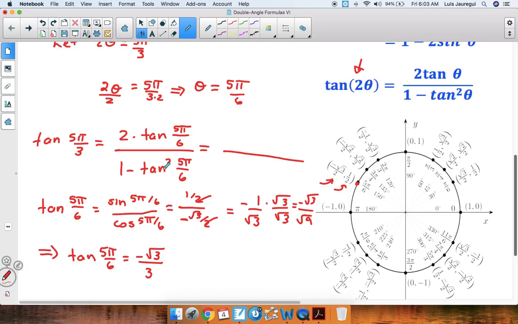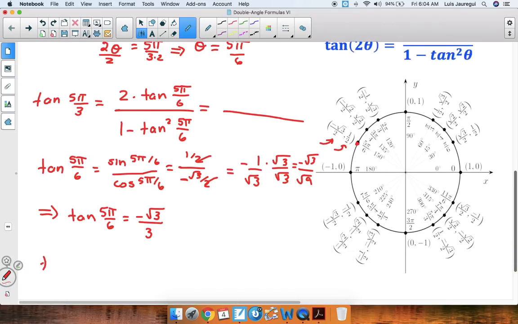Also, we are going to need tangent square of 5 pi over 6. So let's go ahead and evaluate that one. Tangent square of 5 pi over 6 is equal to tangent of 5 pi over 6 times tangent of 5 pi over 6. But tangent of 5 pi over 6, we found it to be negative square root of 3 over 3.